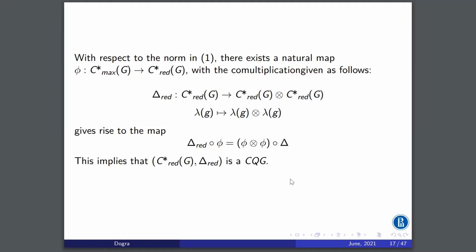Then we also exploit the existence of the natural map from the max star algebra to the reduced one. So basically the co-multiplication is also just induced by the one given in the last example, with respect to the left regular representation lambda that we are considering. Explicitly, the map is given by this composition, and this implies that the reduced star algebra is also a compact quantum group.